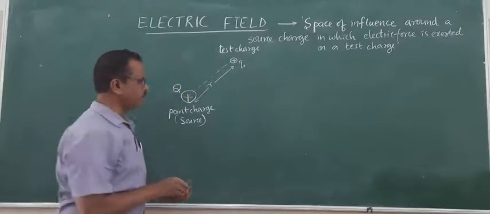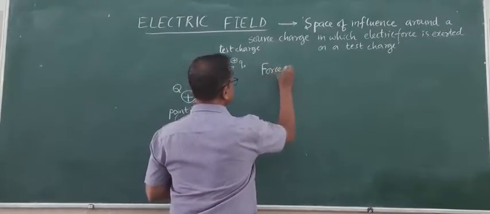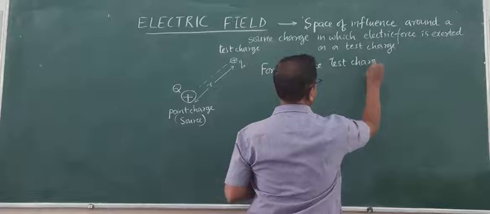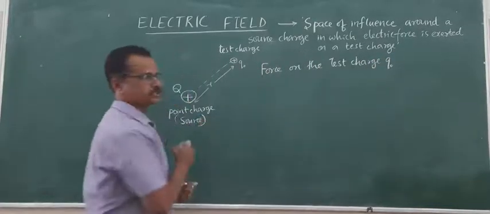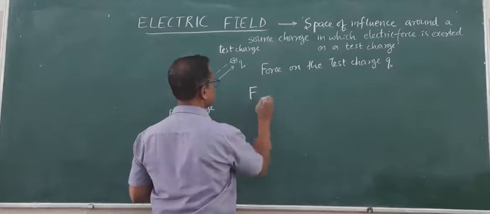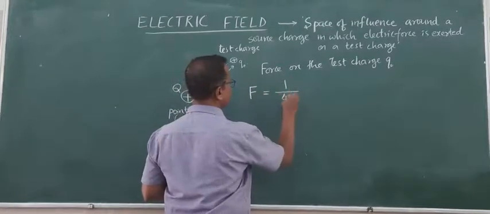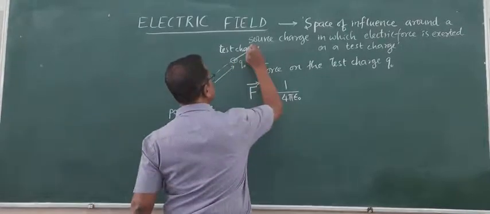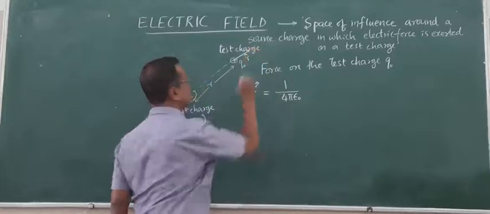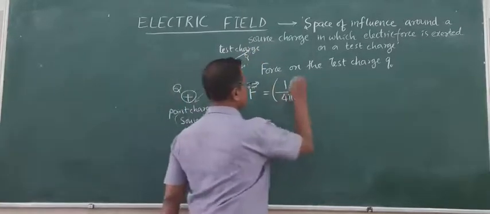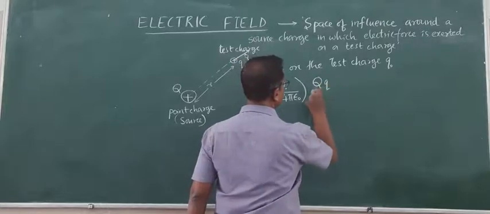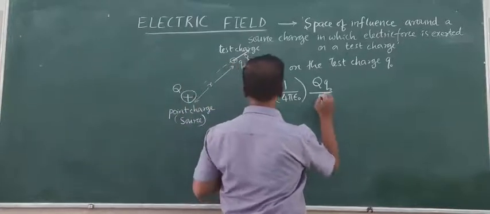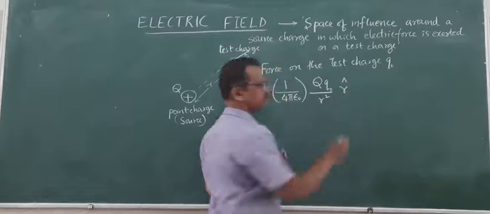First we calculate the force on the test charge Q naught due to source charge Q. F is equal to 1 by 4 pi epsilon naught, Q Q naught by r square, r cap. This is definitely a vector and the force is repulsive, so I denote it by the unit vector r cap, where r is the distance.